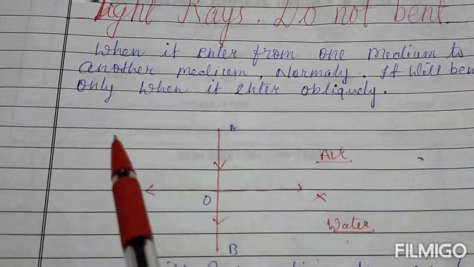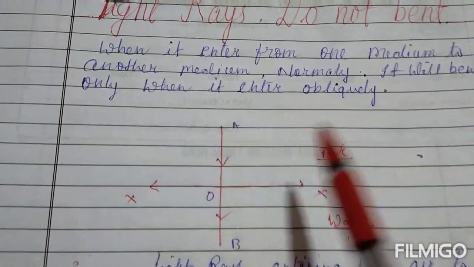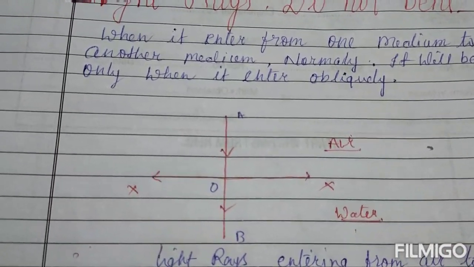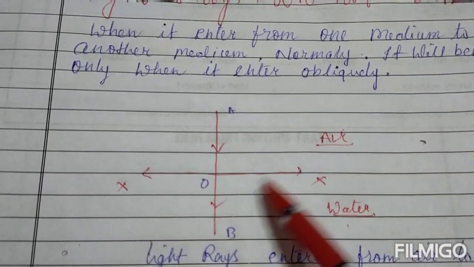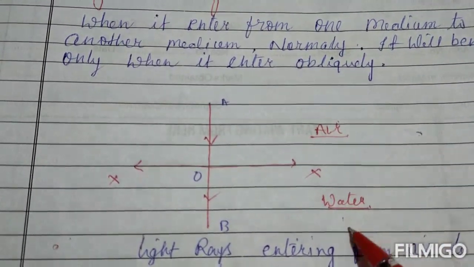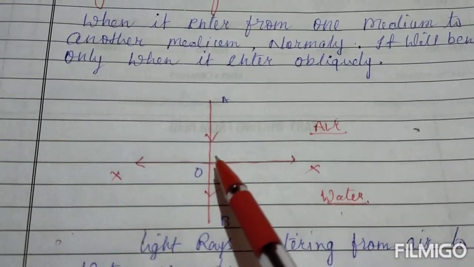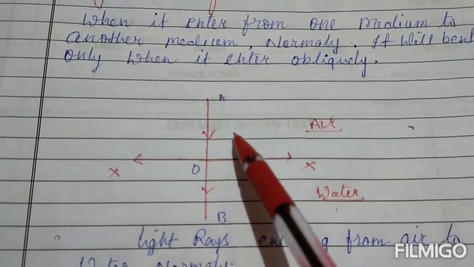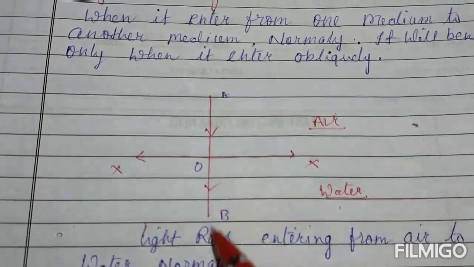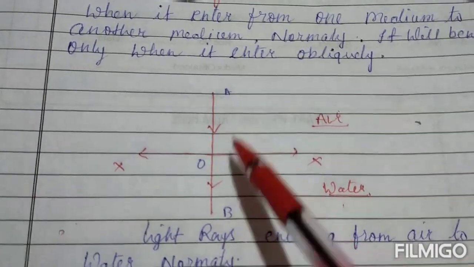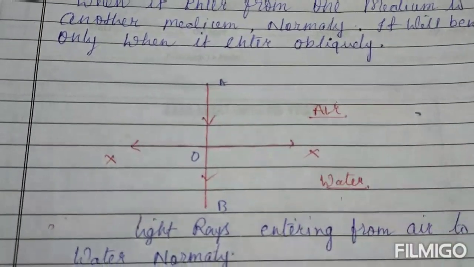It will bend only when it enters obliquely from one medium to another medium. Here I have taken two mediums, that is air and water, and light entering from air to water with an angle of 90 degrees with the interface. So we are seeing that light rays go straight, that is in a rectilinear path.